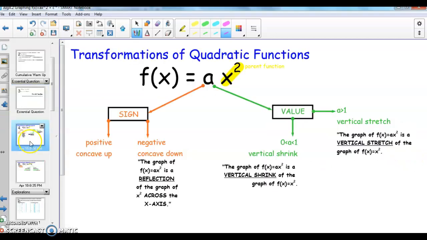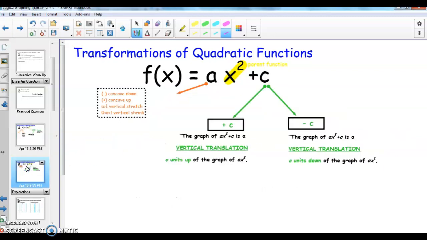Last time, we talked about the transformations of quadratic functions by looking at the effect of a on the parent function x squared. We said that the sign of a determines whether the parabola is concave up or concave down. On the other hand, the value of a determines whether the graph is a vertical shrink or vertical stretch of the graph of the parent function f of x is equal to x squared.